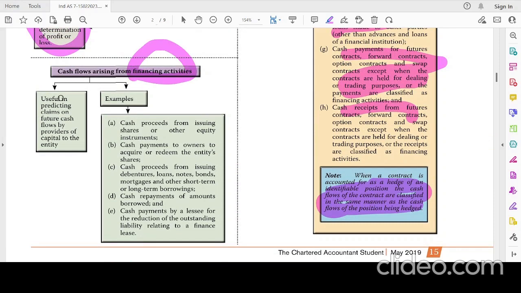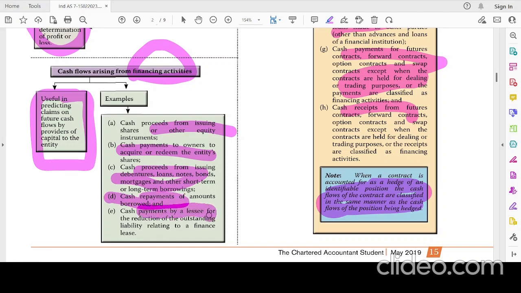Financing activity is useful in predicting the claims on future cash flows by the providers of capital. So how much they are entitled to receive back is known as financing activity. Issue of equity instruments, payment to redeem equity instruments, proceeds from issuing debentures, loans, bonds, notes, mortgages, and short-term and long-term borrowings, repayments of the amounts borrowed, cash payments by a lessee for reduction of the outstanding liability relating to a finance lease.